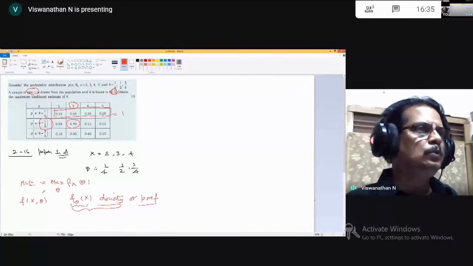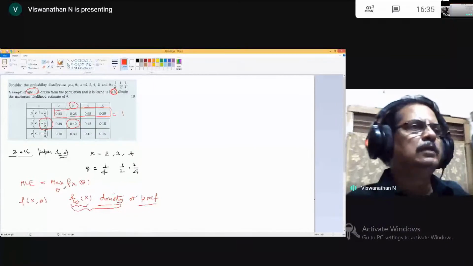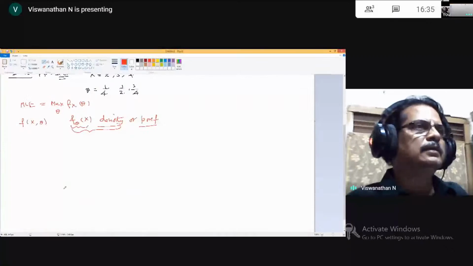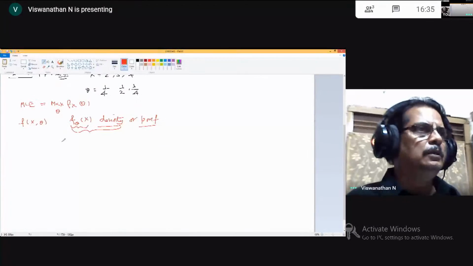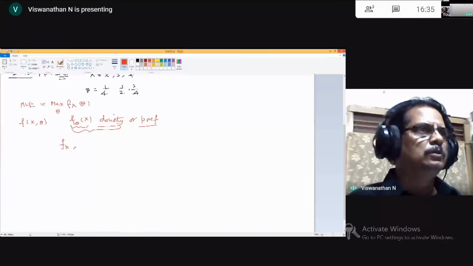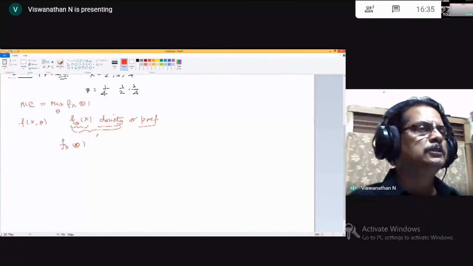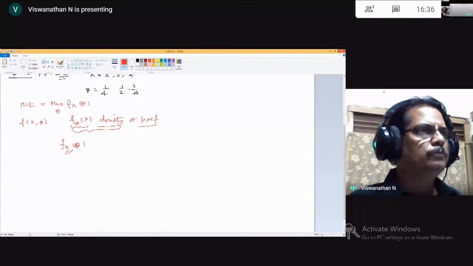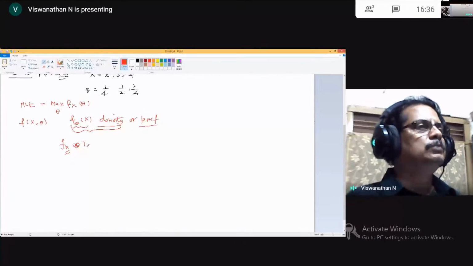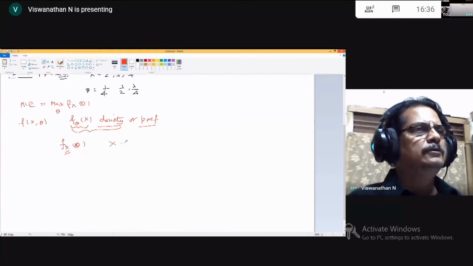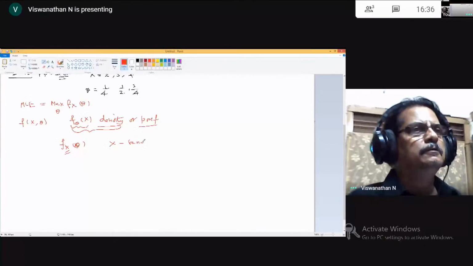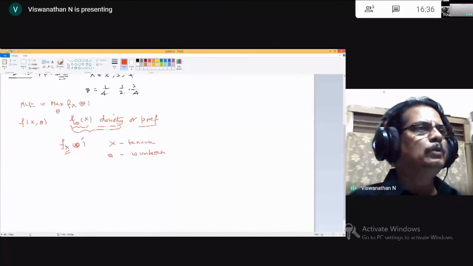But when you consider likelihood, we take the same f(x, theta), but in this case x is known and theta is unknown. When we want to maximize this, for what value of theta?